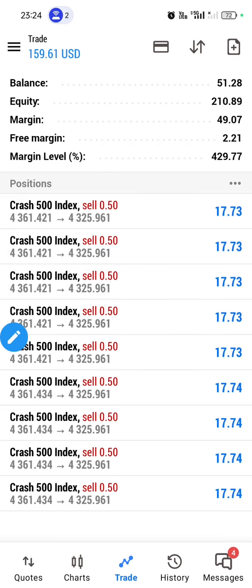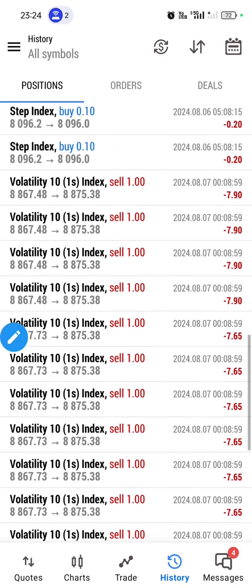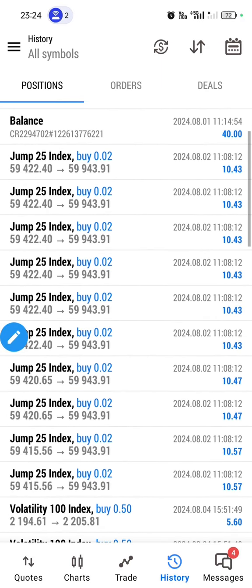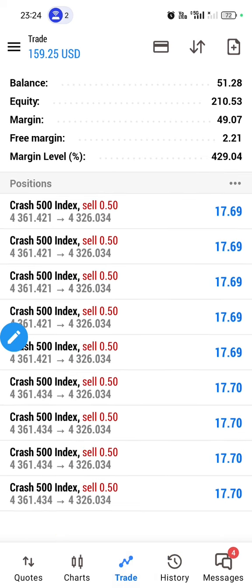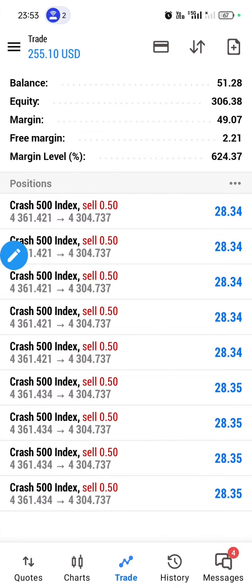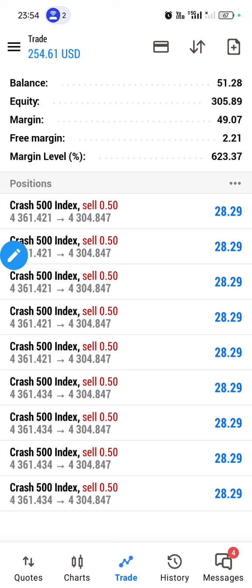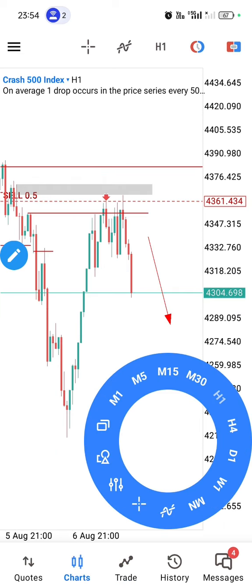For some reason I was impatient and I had to enter right before it reached our 15-minute order block, but whatever, we're in profits at this point in time. And after some time again, price dropped even further down, and you can see it went from 50 USD to 300. Some nice profit margin right there. And yeah, like usual, we were winning.